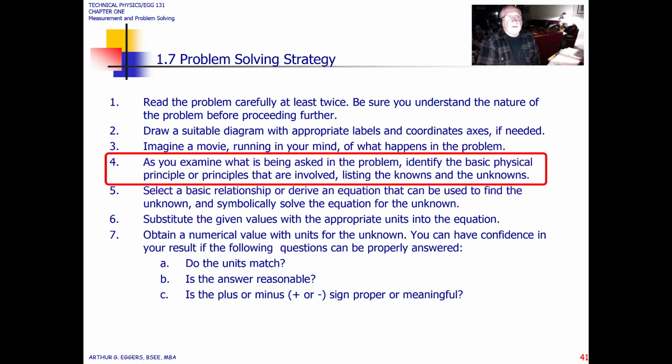The fourth step then is, as you examine what's being asked of the problem, identify the basic physical principle or principles that are involved, listing the knowns and the unknowns. So as we go through problems here, you're first going to be solving for motion, velocity, acceleration. Identify those types of physical aspects.